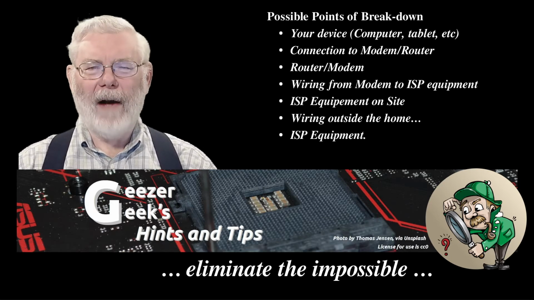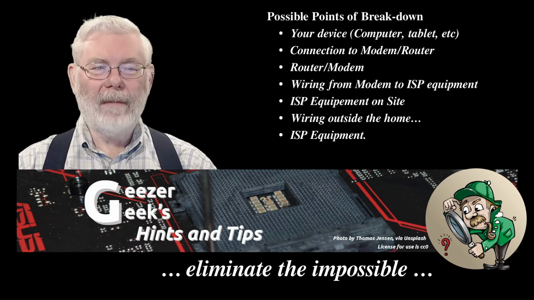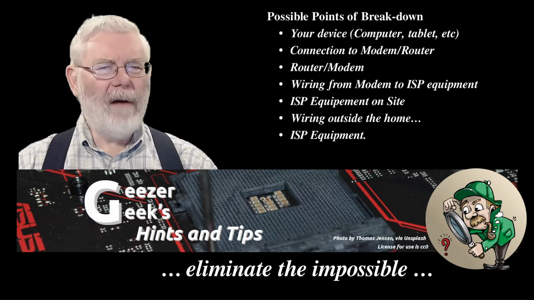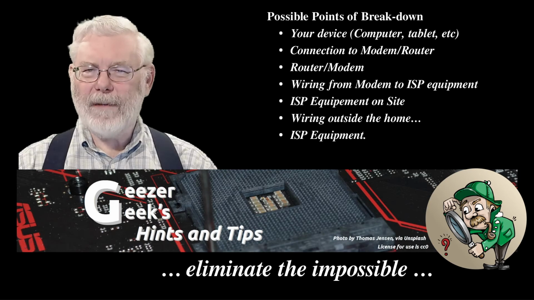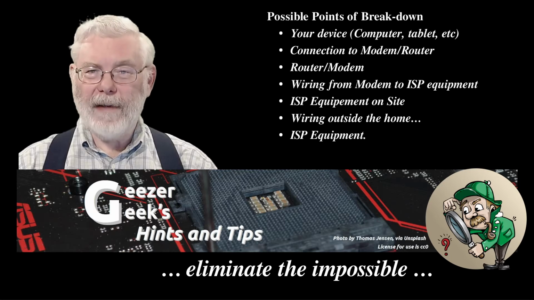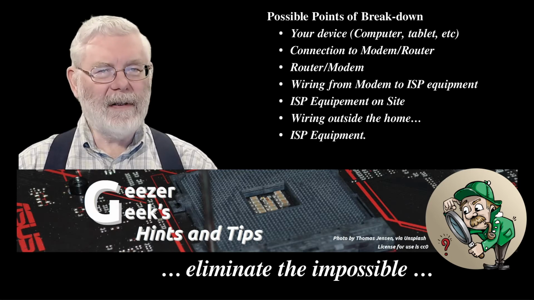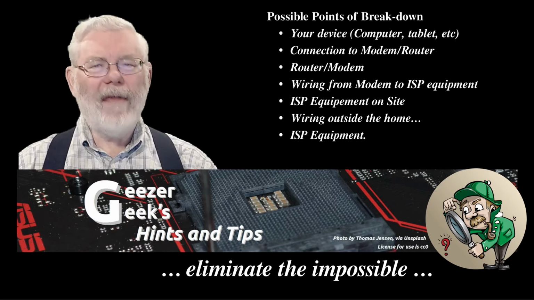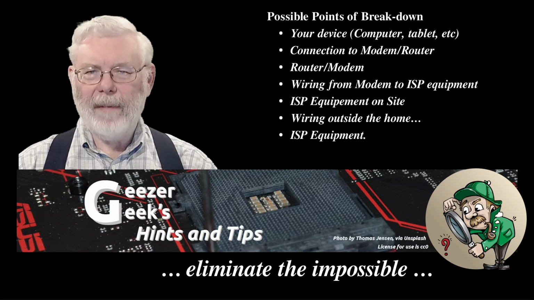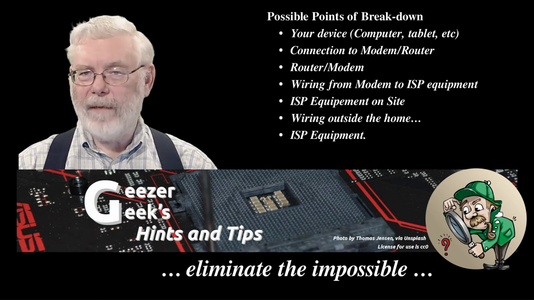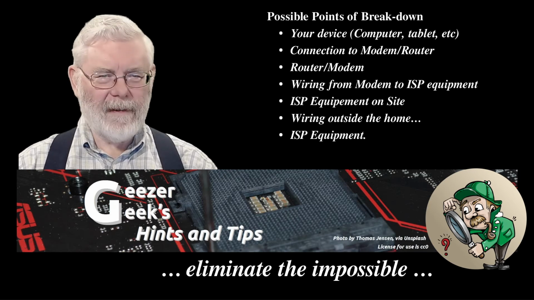Your wired or wireless connection to your router modem, the router modem itself, the wiring connecting that router modem to the internet service provider's interface, the interface itself, which with a fiber optic system is called an ONT, or optical network terminal, and then beyond the facility, the wiring and the equipment of the internet service provider off premises.